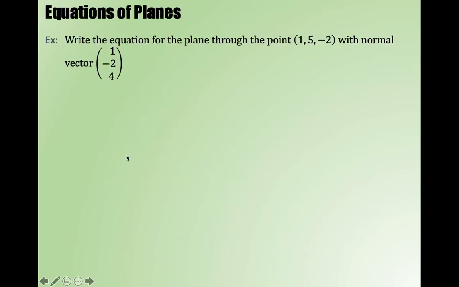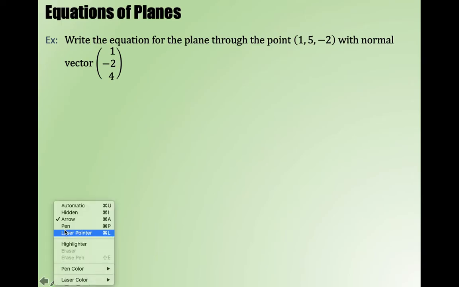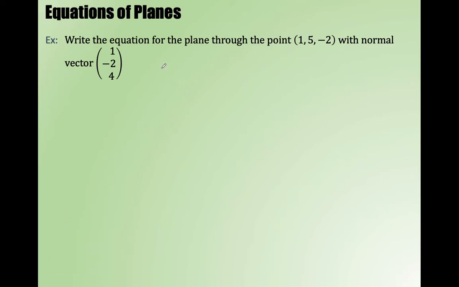So let's practice. Can you write the equation of a plane that goes through the point 1, 5, negative 2 with this normal vector? So what do you have to do there? This is pretty much just plug and chug right through the formula.